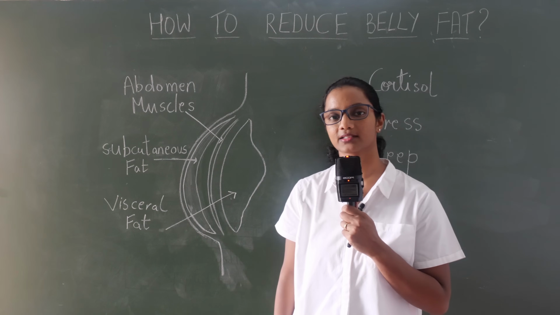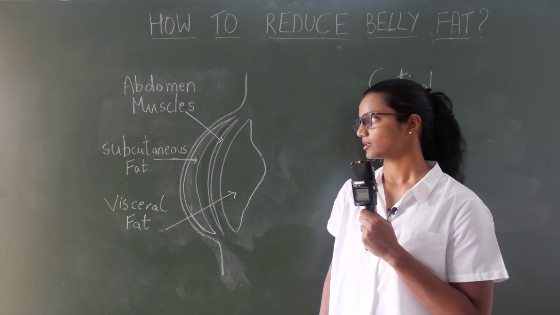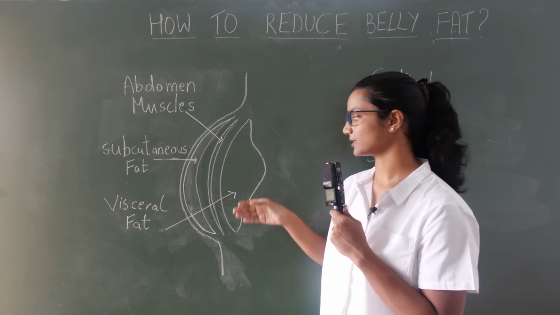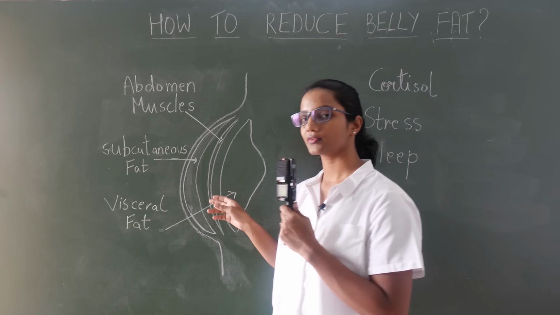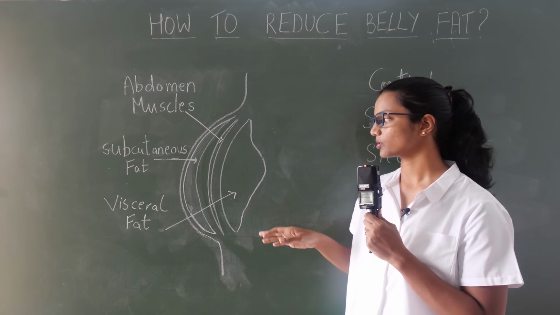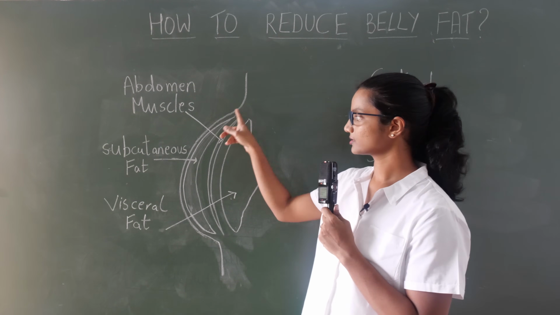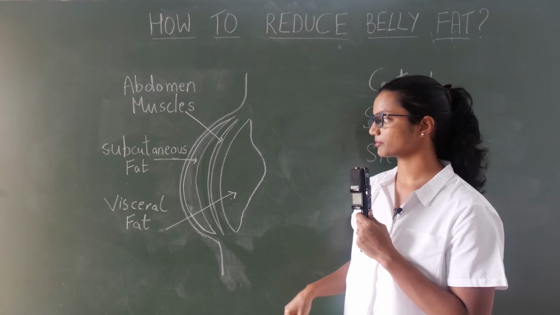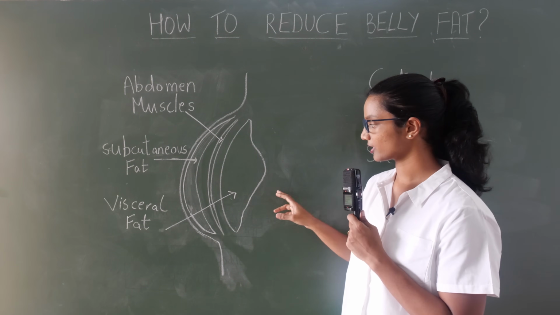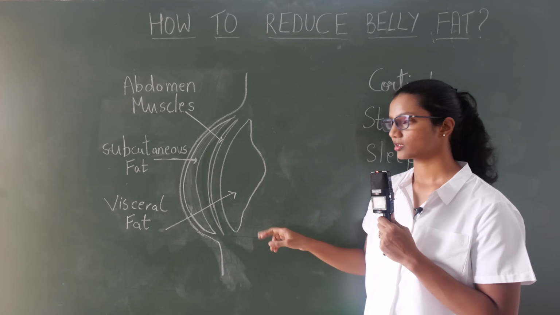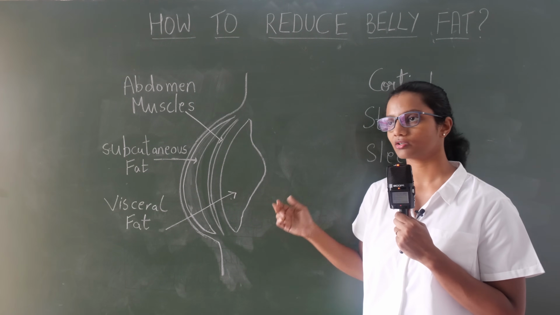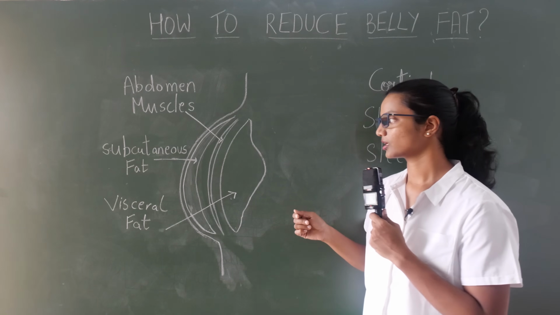So first let us understand how fat is stored or accumulated on this area. If you look at this figure, this diagram, it's just a rough figure for you all to understand. This is the stomach, the abdomen area, where you have your organs, your liver, stomach, intestines, pancreas, all the organs required for digestion.